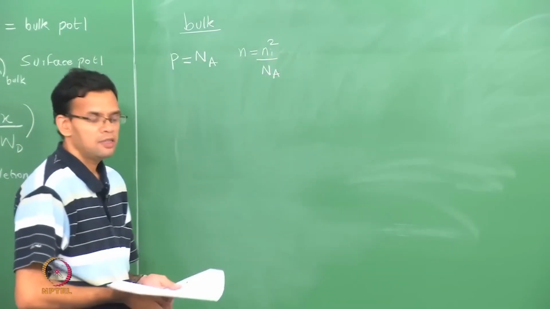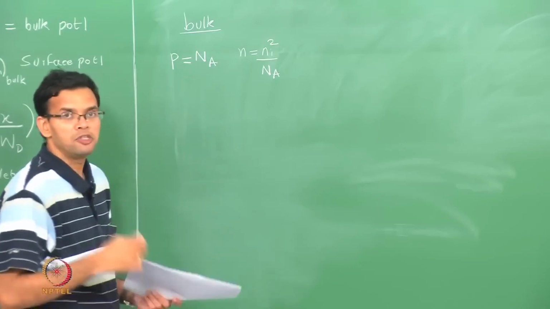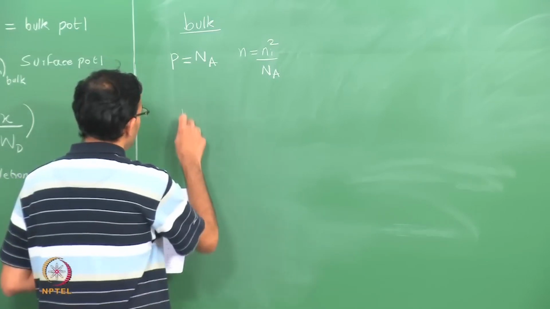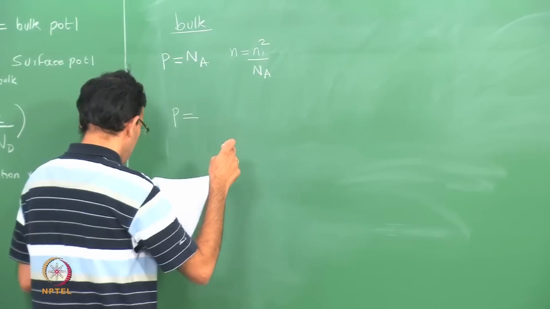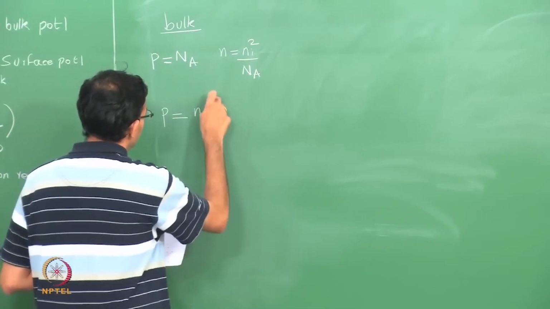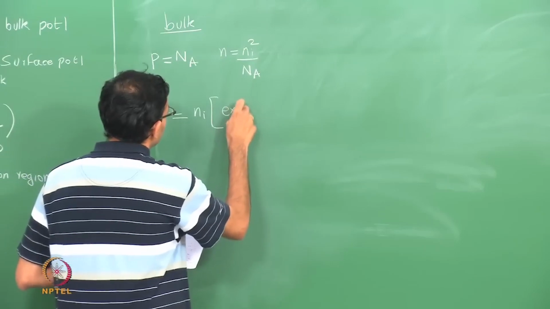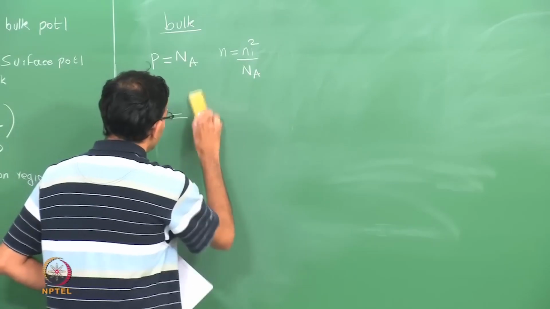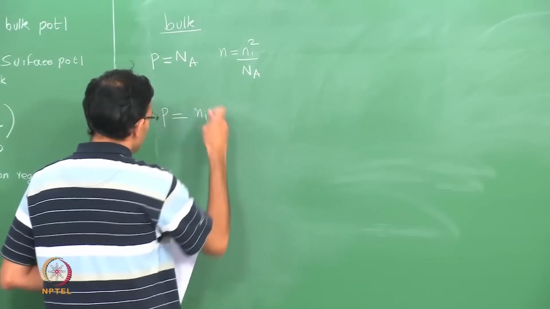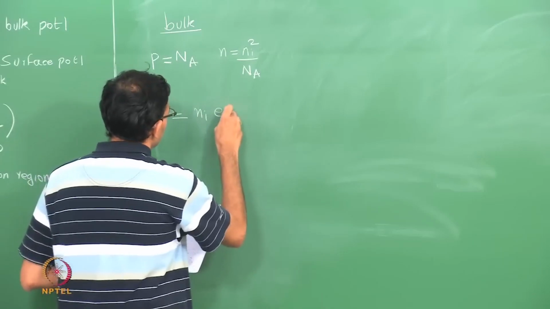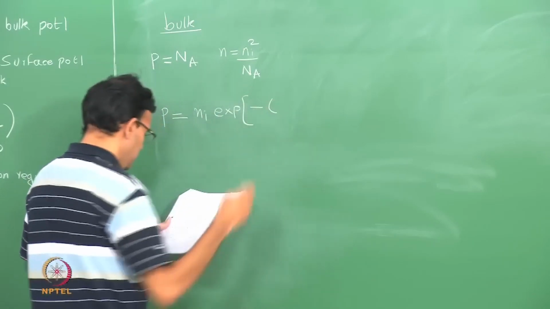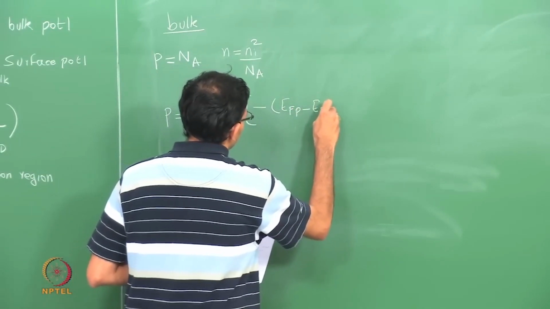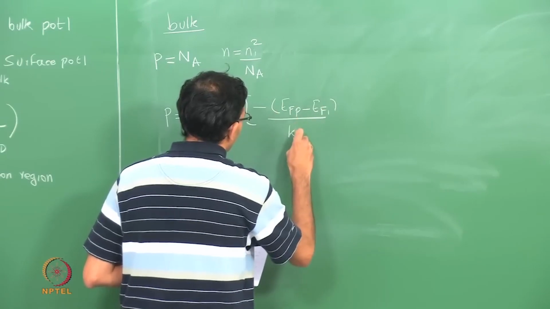We can also relate the position of the Fermi level to P, and if you were to do that, P is nothing but Ni exponential of minus EFP minus EFI over kT.